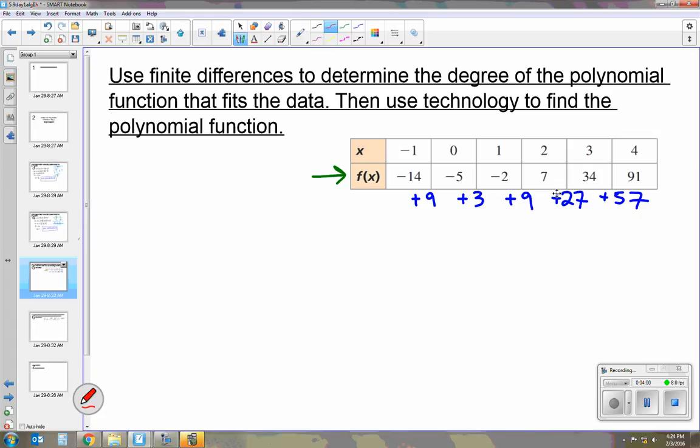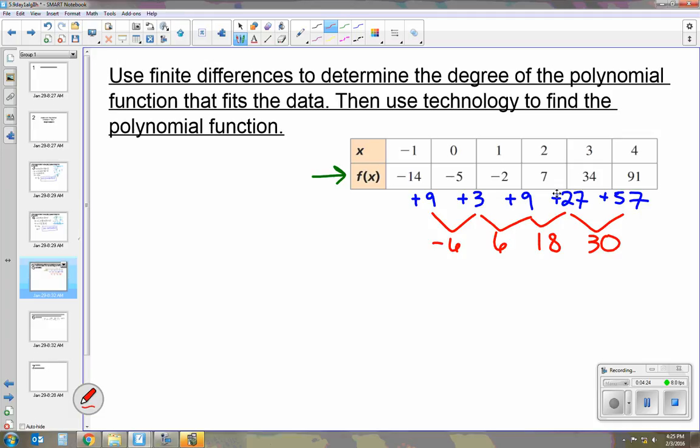Those aren't the same numbers, so now we're going to find the differences of those numbers. 9 to 3 is a -6. 3 to 9 is 6. 9 to 27 is 18. And 27 to 57 is 30.